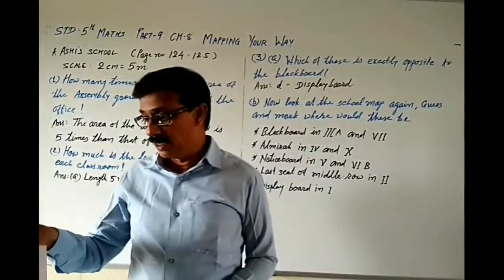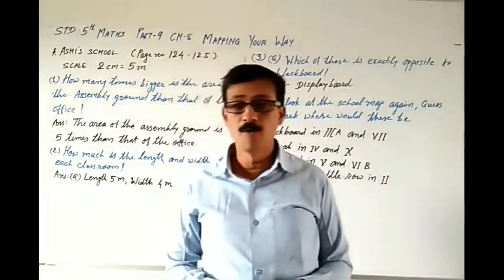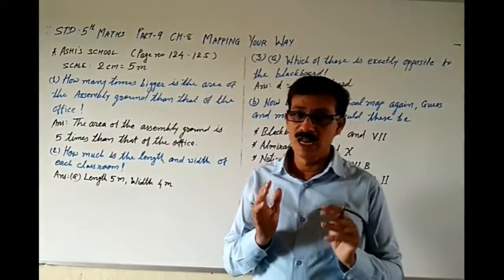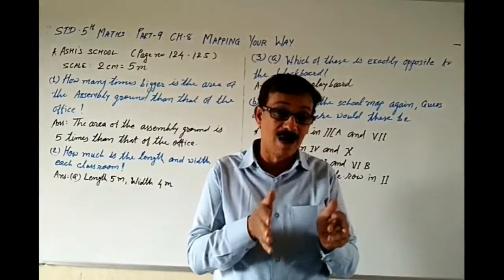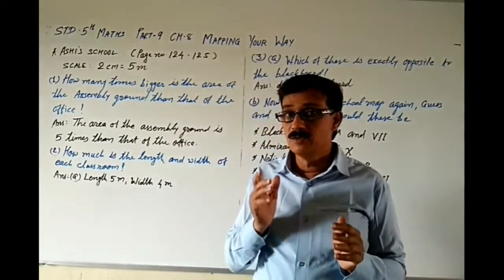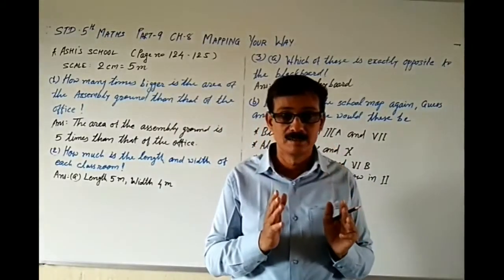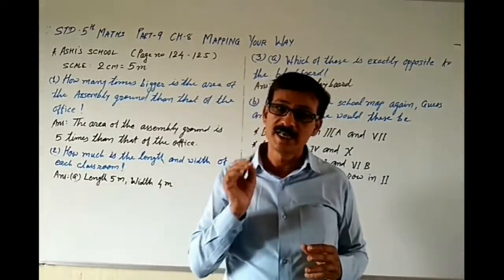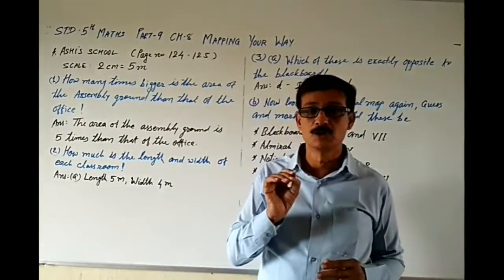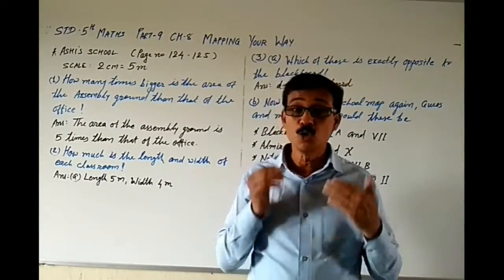With this, we are ending this part as well as this chapter, and I hope you now understand the map and the scale. First of all, once again go through the videos, watch them 2 to 3 times, read the textbook, and try to solve the exercise.